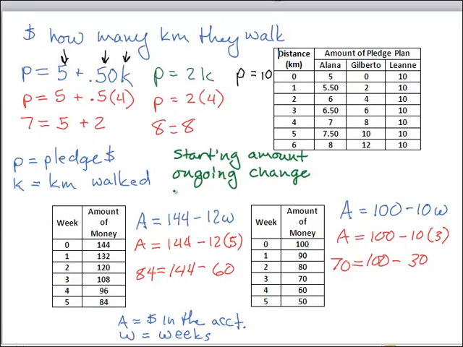And what is causing that change? So in the first problem, it was the amount of kilometers walked, and in the last 2 problems, it was the number of weeks that have passed. So hopefully that will help you work on creating formulas.